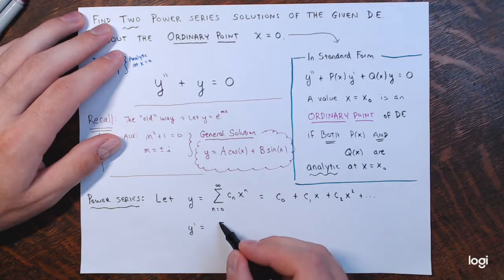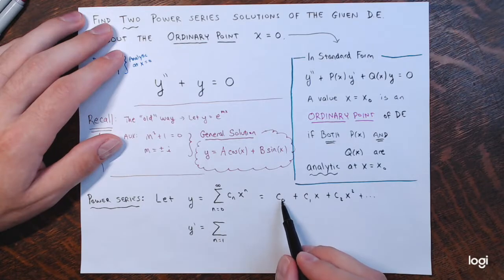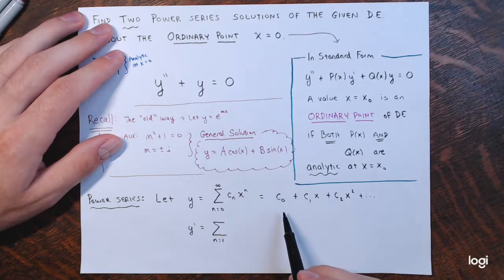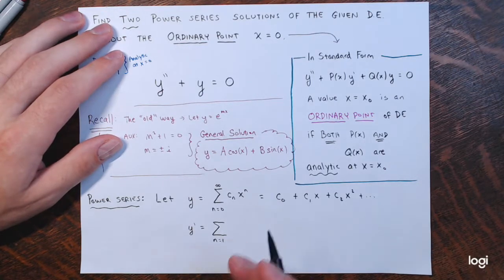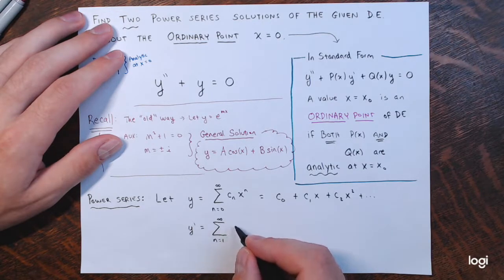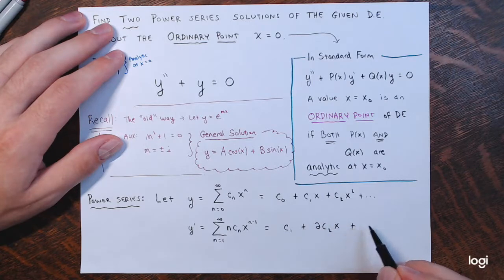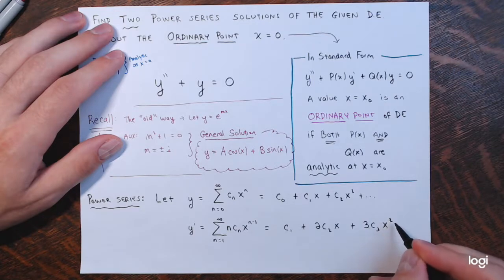The first derivative would be the sum from n equals 1, because when I take the derivative of the constant c0, it's nothing. So having it start at n equals 0 is meaningless, it just adds another 0 term. So from n equals 1 to infinity of c sub n times n times x to the n minus 1. This would be c1 plus 2c2x plus 3c3x squared and so on.